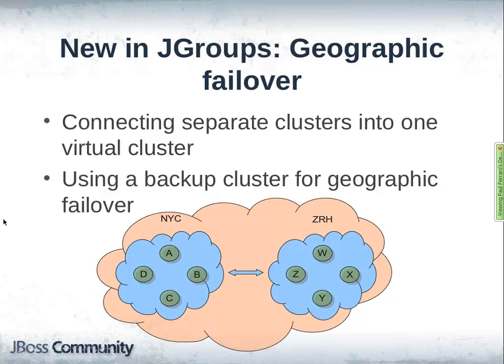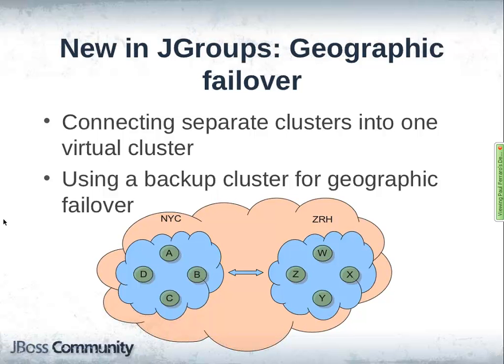What can you do with this? One of the things you can do is place backup copies into Infinispan. Infinispan being used as a distributed data store, we could tell Infinispan to store 2 copies of every key in New York City and 1 copy in Zurich.